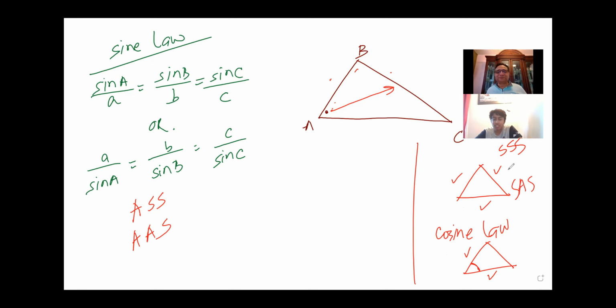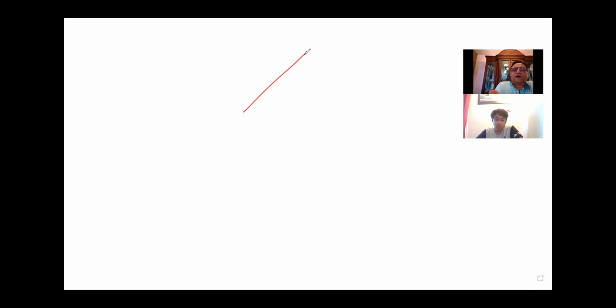But for the others, I can use it. So sine law can be used if I am given one angle and two sides, or two angles and one side, to solve the triangle. Is it clear to you? Let's take up an example. So let's say we have this triangle.